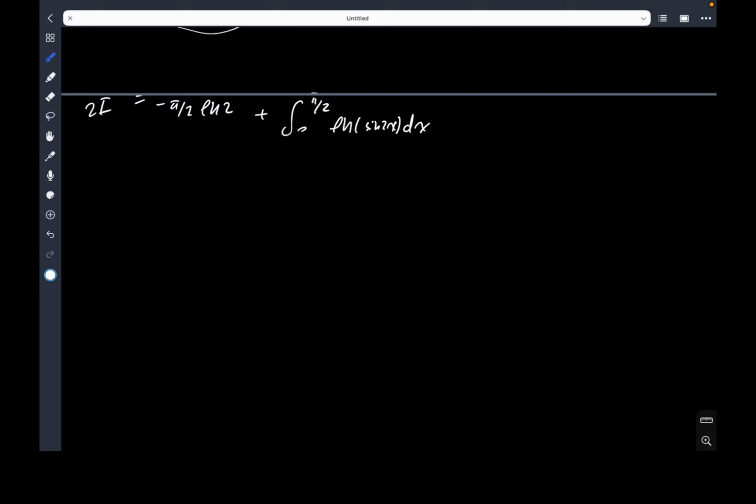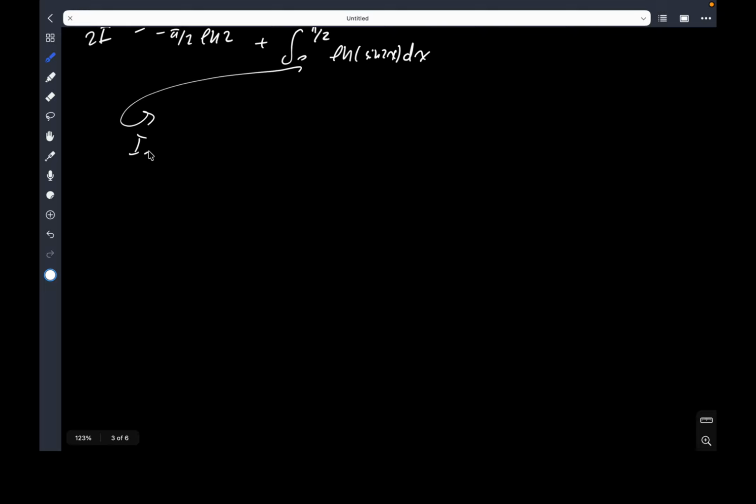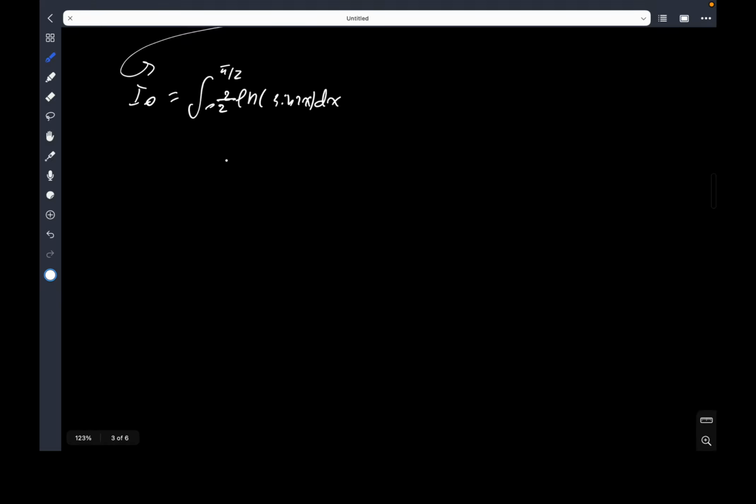Now, right here, I'm going to focus on this integral here. I'm going to call this I naught, which is the integral from 0 to pi over 2 of ln of sine 2x dx, and I'm going to multiply and divide it by 2. You'll see why. I'm going to say that u equals 2x, thus du equals 2 dx, and dx equals du over 2.